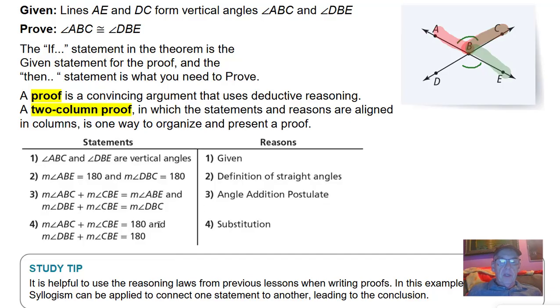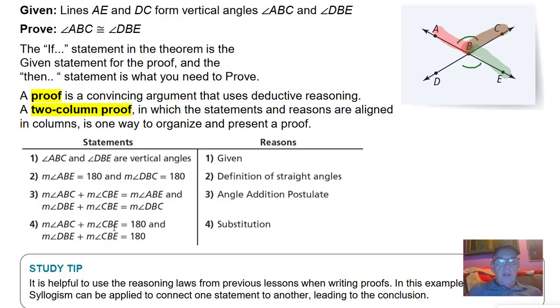Now, since the measure of angle ABE is 180 degrees in step 2, and in step 3 we can see that the measure of angle ABE is the same as the measure of ABC plus CBE, we can substitute 180 for the measure of ABE, and that's what they did for the first part of step 4.